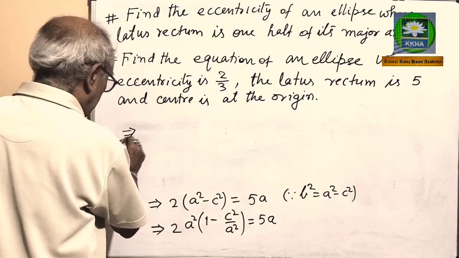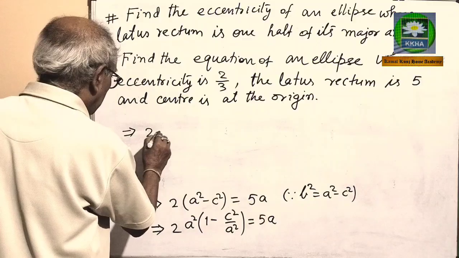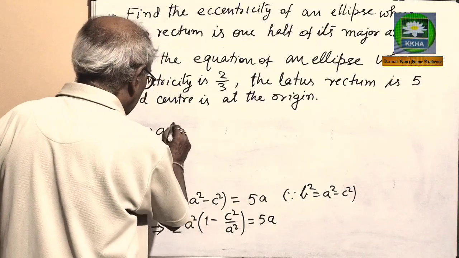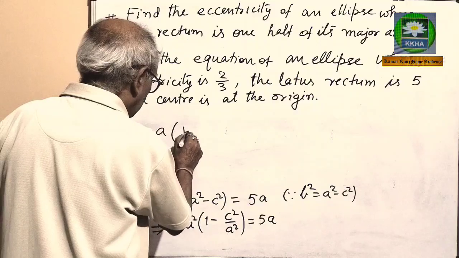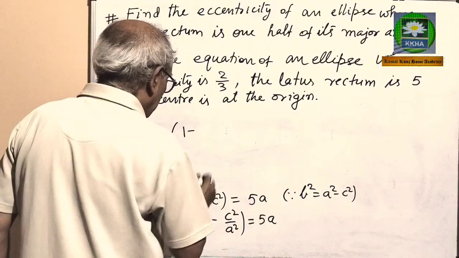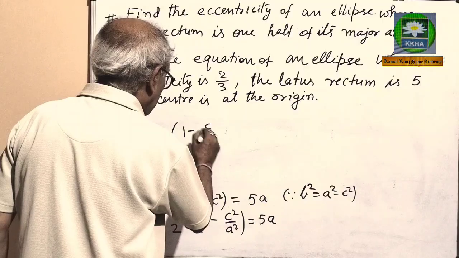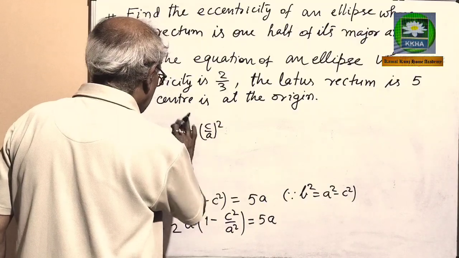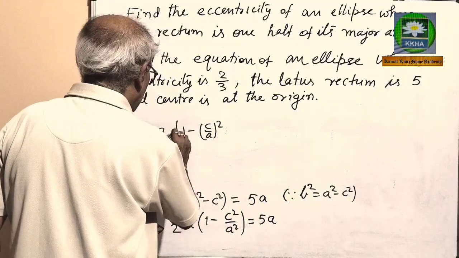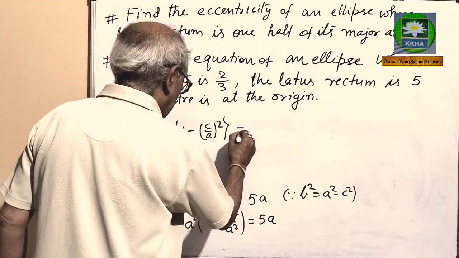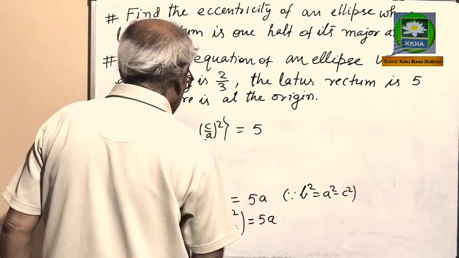This implies that twice a into 1 minus c upon a whole square equal to 5.